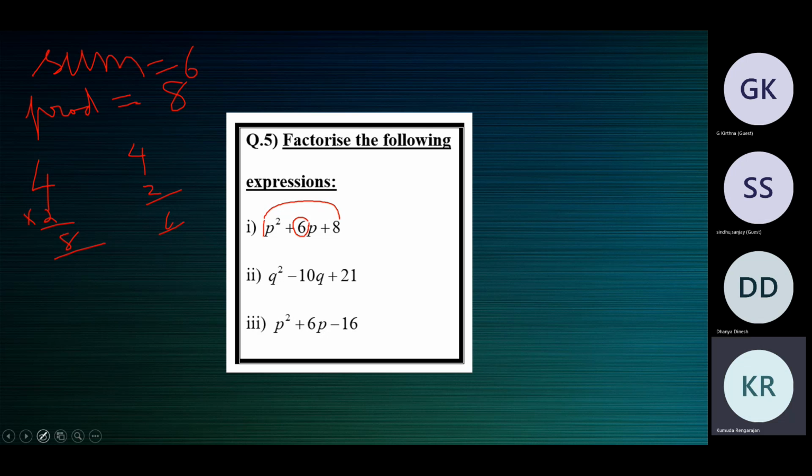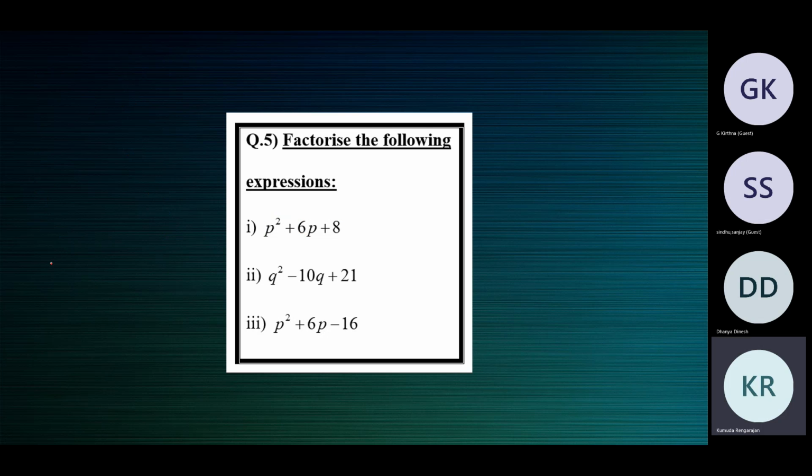Okay, now tell me the second one. What's the sum for the second one? Now, why we cannot use a square minus 2ab plus b square is because 21 is not a perfect square. So we cannot use the identity a square minus 2ab plus b square.